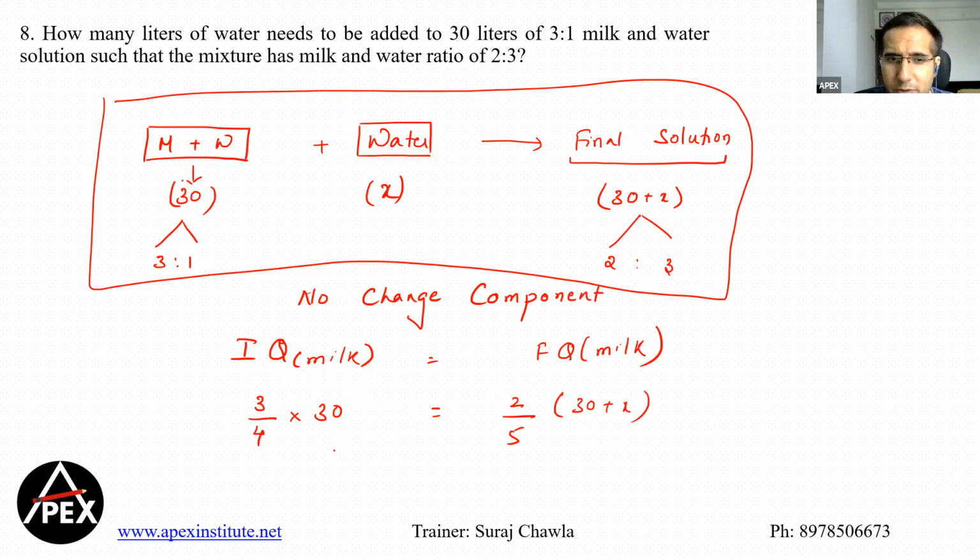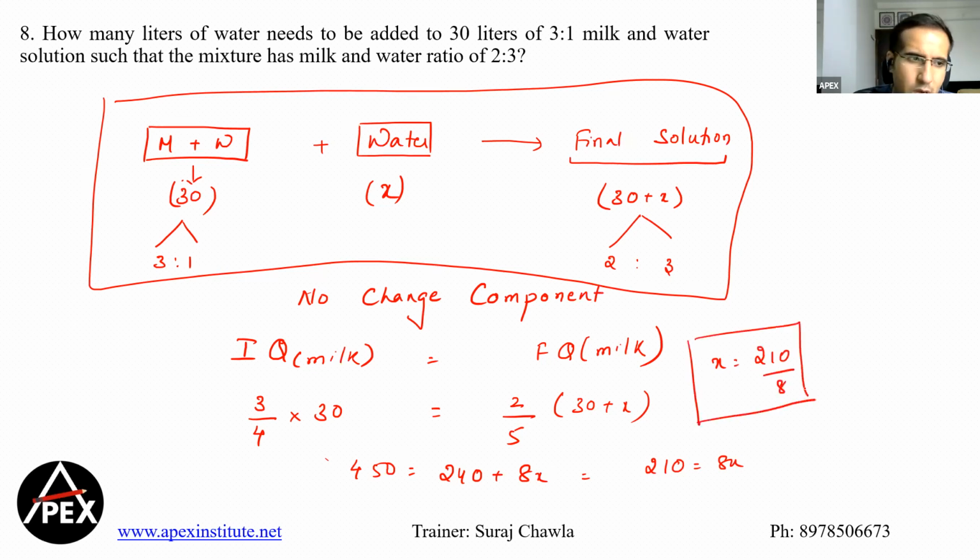Clear? So when you cross multiply, what do you get? 3 into 30 is 90, 90 into 5 is 450, is equal to 4 2s are 8, 8 3s is 240 plus 8x. And therefore we get 210 is equal to 8x, or the value of x is equal to 210 by 8. Clear, guys?